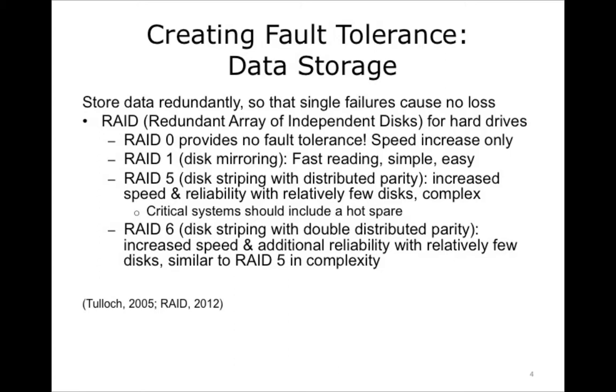RAID 5 is data striping with distributed parity and requires a minimum of 3 drives, with standard configurations using 4 to 6 drives. Here, a series of data blocks are spread across all drives in a stripe, similar to RAID 0. However, for the stripe, an additional parity block is created by the system and stored in the stripe, distributing the parity blocks across the drives for different stripes.